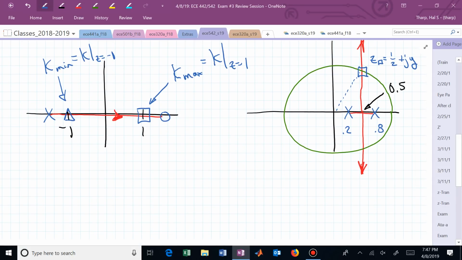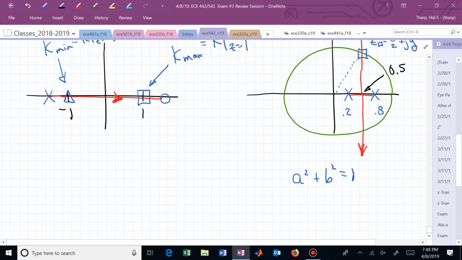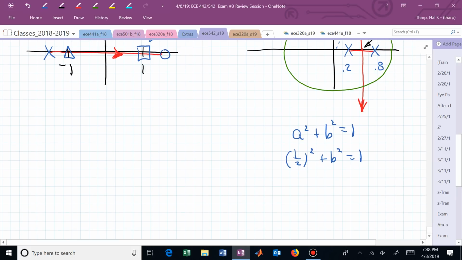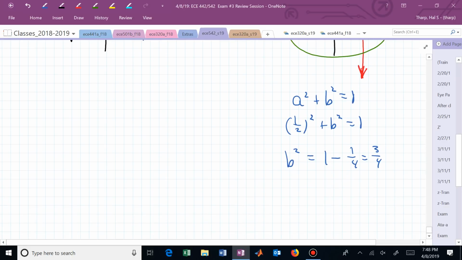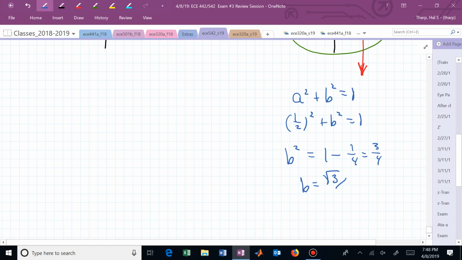We now know that a squared plus b squared is equal to 1, and we know a is 1/2. So b is now the square root of 3 over 2. And now you know that z box is equal to 1/2 plus j square root of 3 over 2.